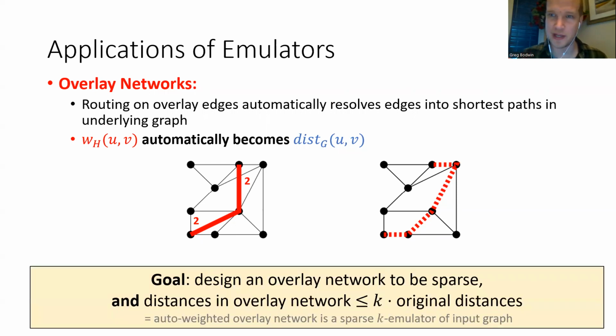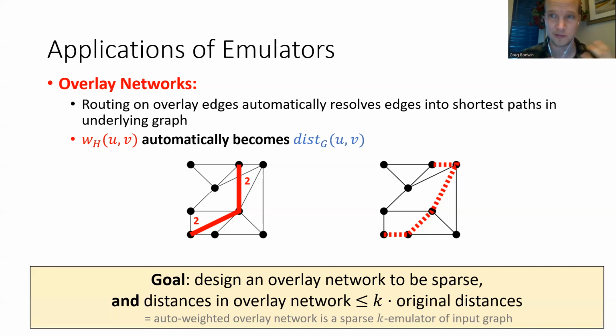The other point of similarity is that you often have the same goals in designing an emulator as you do in designing an overlay network. Specifically, you generally want your overlay networks to be sparse or simple so that there's an advantage to working with these instead of directly with the base network. And additionally, you want the distances in your overlay network to be not too much larger than the distances in the original network. In other words, if there are two adjacent nodes that can talk to each other very quickly in the base network, it would be kind of bad if the shortest path between those nodes in the overlay network was a million times as long.